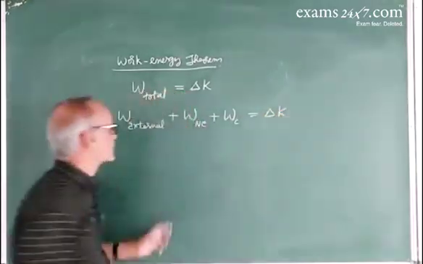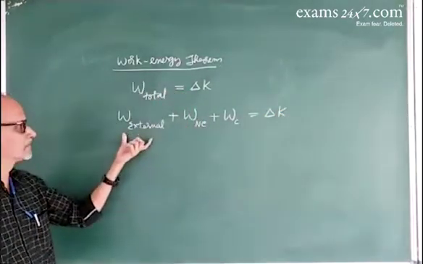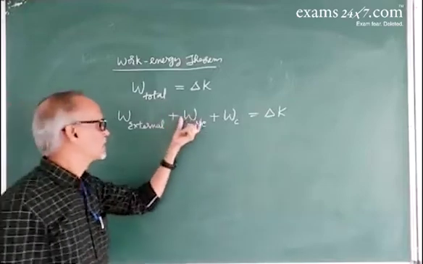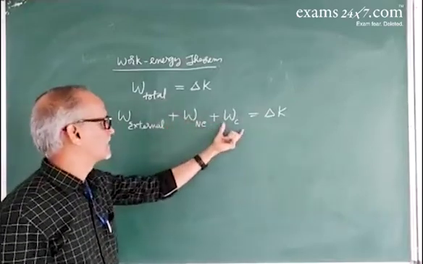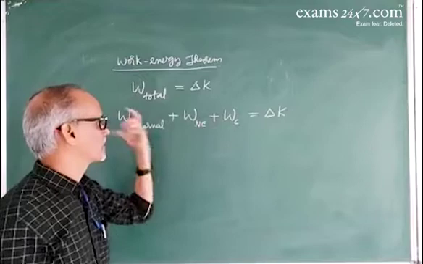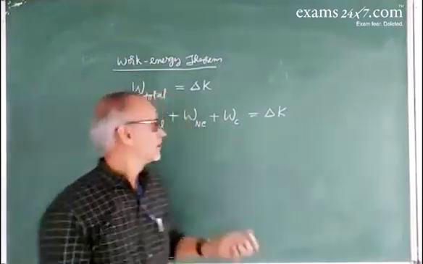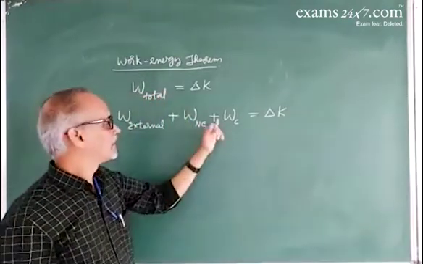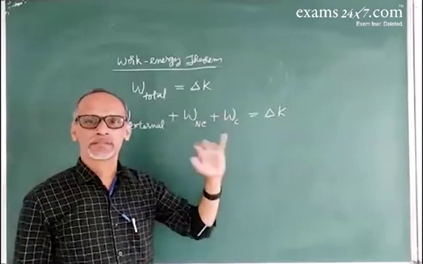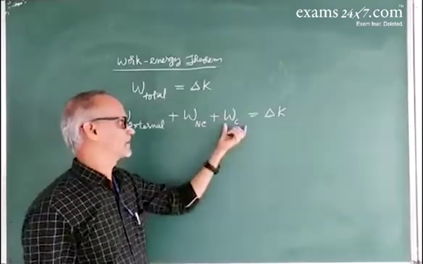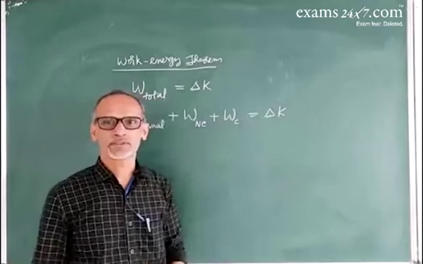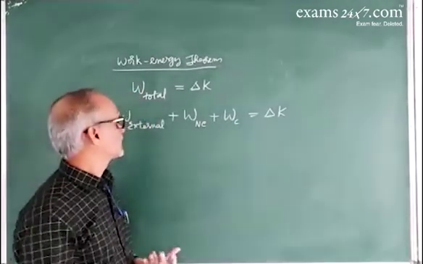So this is how we write all forces, other forces, external forces, work done due to the non-conservative and the conservative forces. Now what do you mean by conservative and non-conservative forces? If the work done by the force is independent of the path, then it is called a conservative force. Example is gravitational force, electrostatic force.